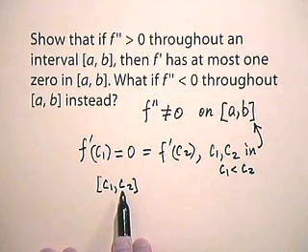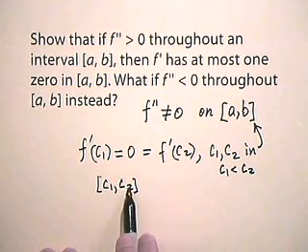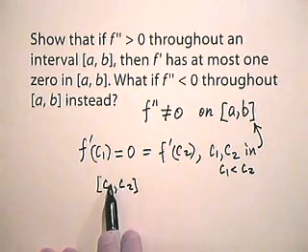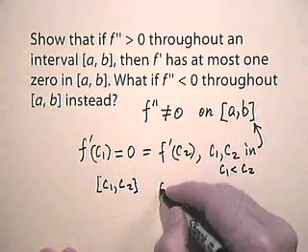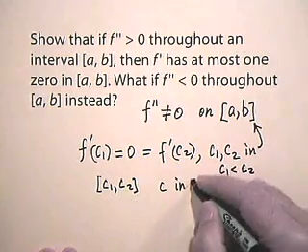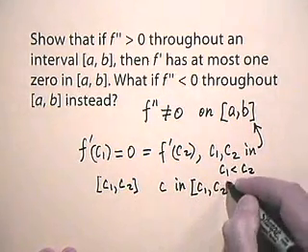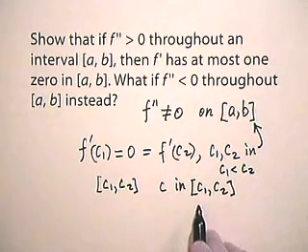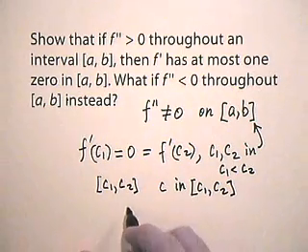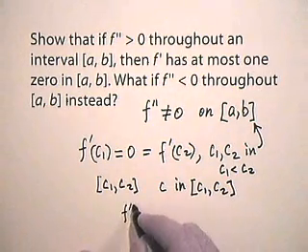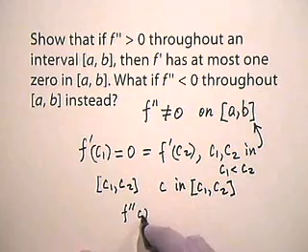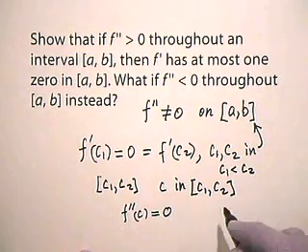On that closed interval, f prime vanishes at the left endpoint, f prime vanishes at the right endpoint, and so Rolle's theorem tells us at some point inside that interval, some c in (c1, c2), in fact, in the interior of that interval, we have the derivative of f prime, and that's the second derivative, equals 0.